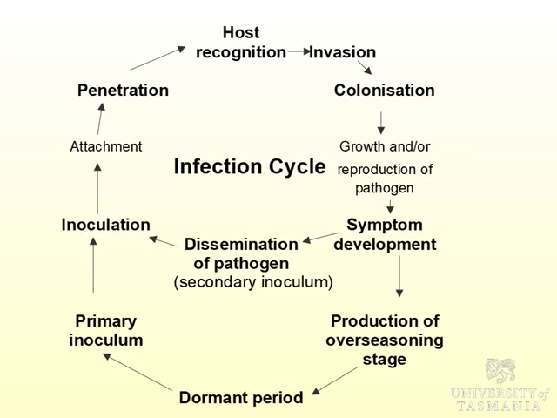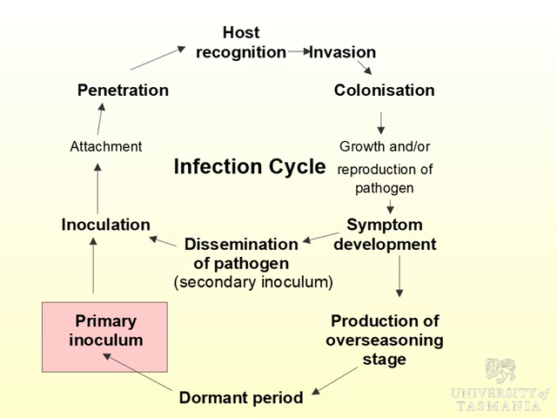So here's a generic infection cycle where you start with your pathogen and it sits in the soil or somewhere else, residing between crops, and produces an infective agent. It might be a spore if it's a fungus, or a cyst nematode that germinates and a little nematode starts swimming away.